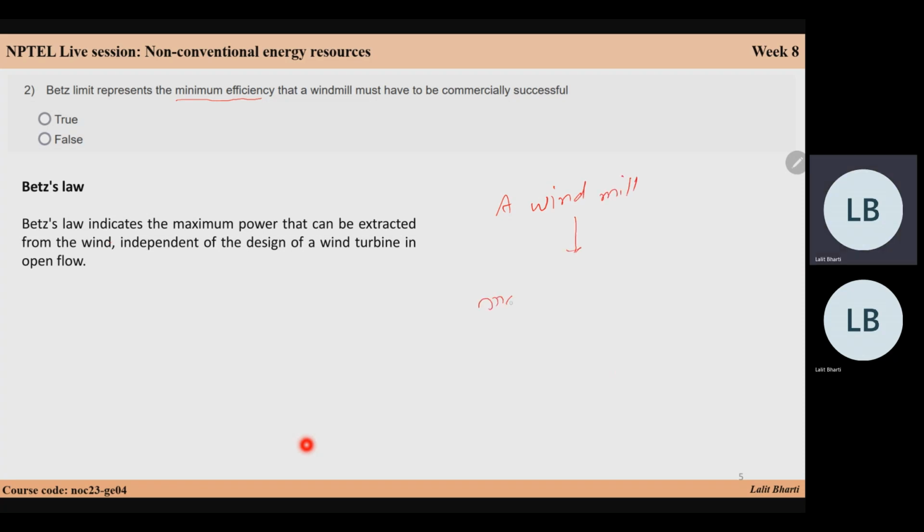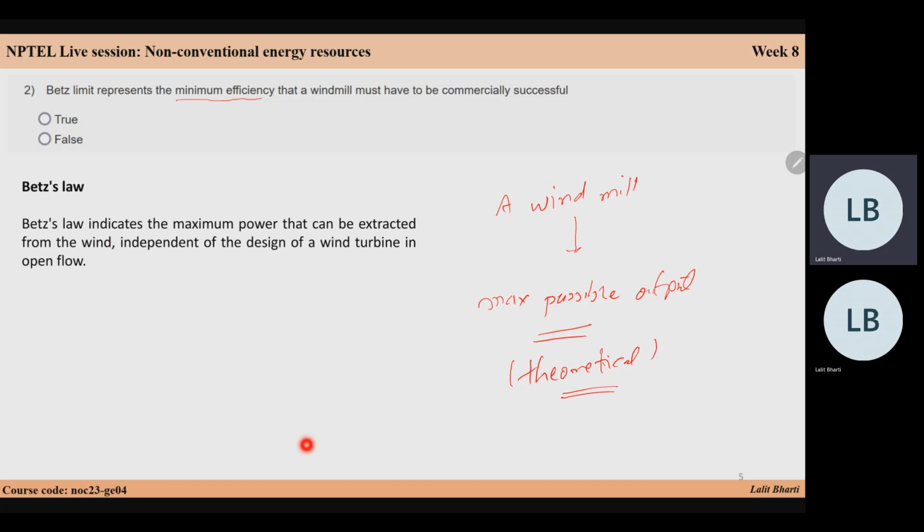The maximum possible output is given by Betz's law, and this is a theoretical value.